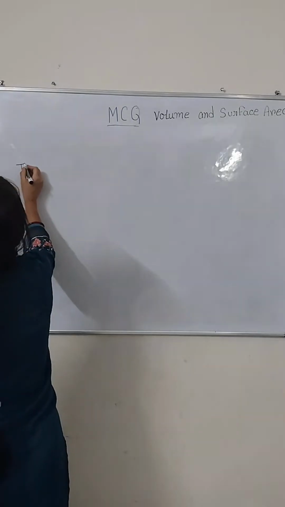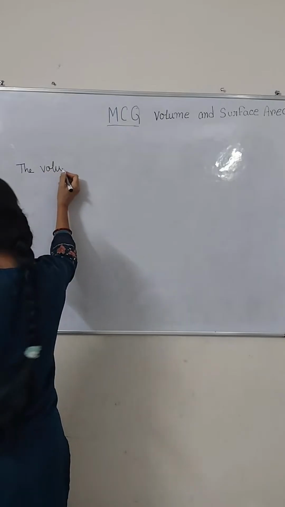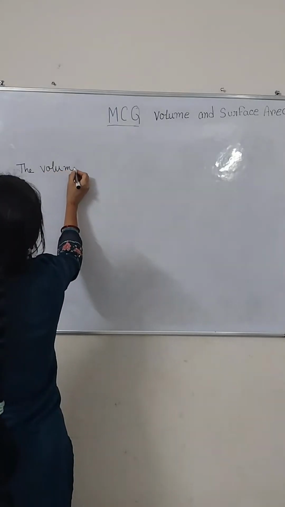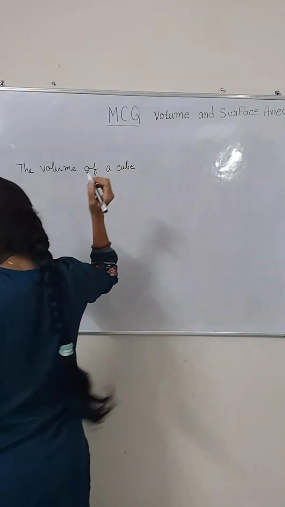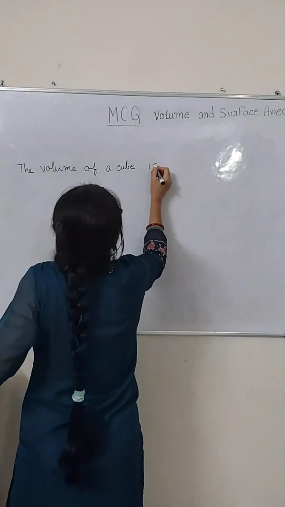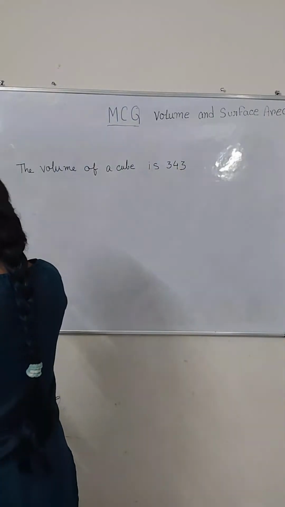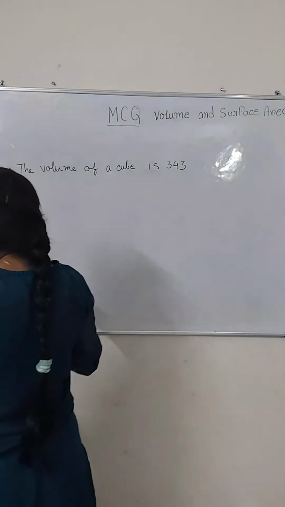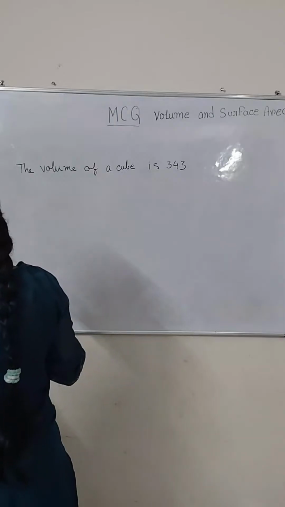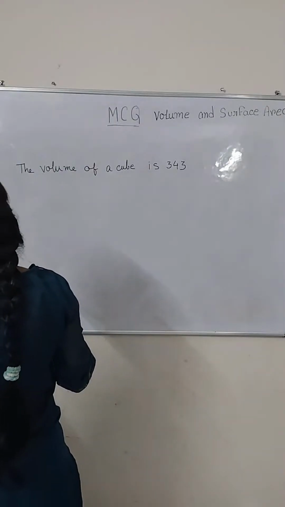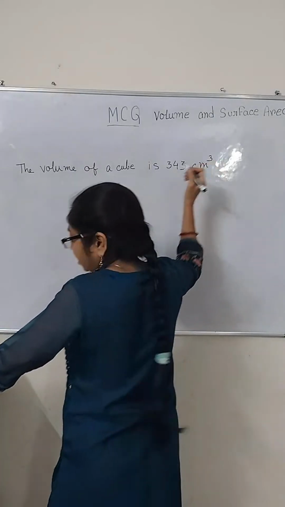The volume of a cube is 343 centimeter cube.